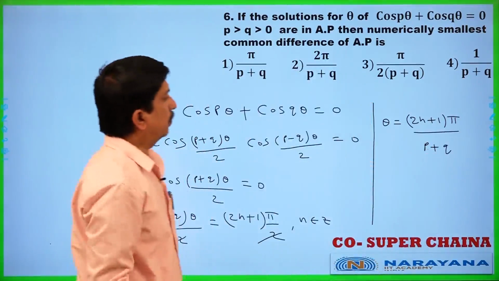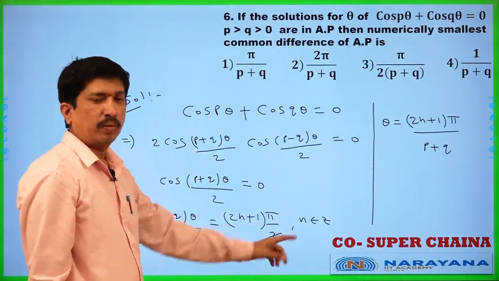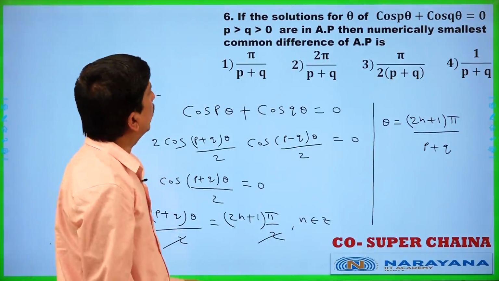We will pick up the values, n belongs to Z only, so I will pick up n equal to 0, 1, 2 like that.